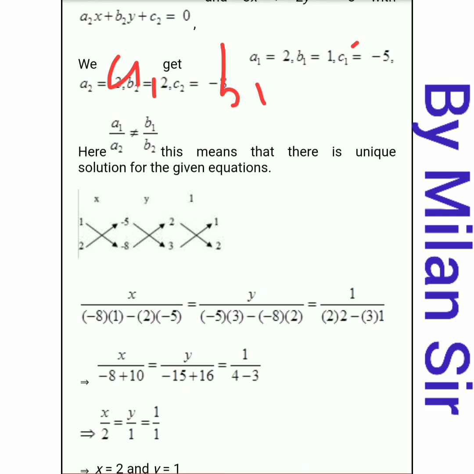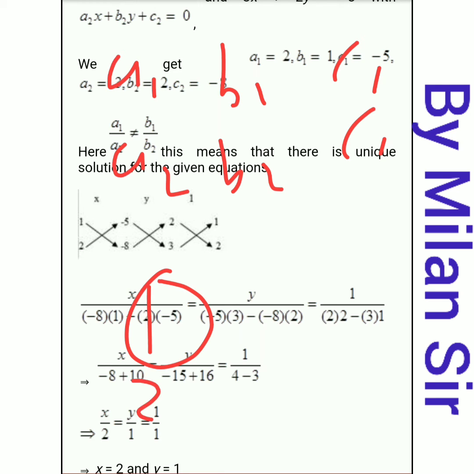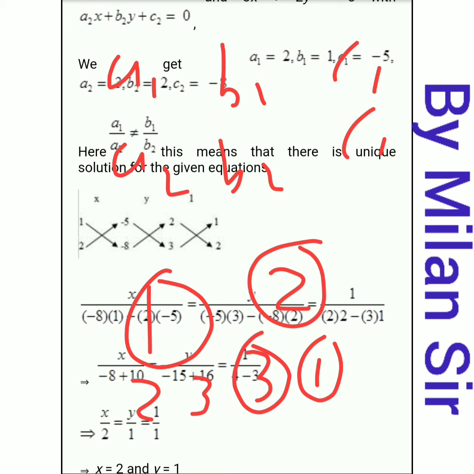A1, B1, C1, A2, B2, C2. In the first term, we need to write the second and third column, so 1, 2, 3. Then 2, 3, 1, that means in the second term, we need to write column number 3 and column number 1. Then 3, 1, 2. In the third term, we need to write the first and second column. This sequence we need to follow.